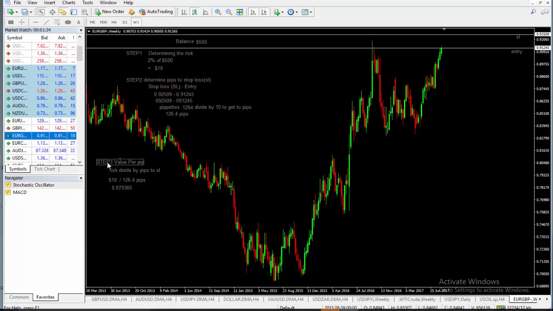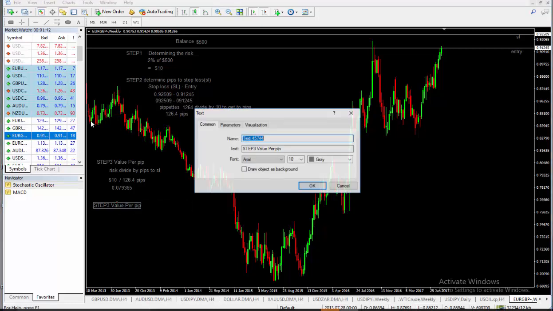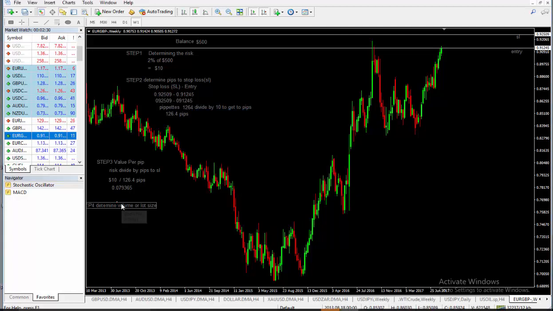Now step 4, and the final step actually, will be to determine our volume or lot size, which is quite easy.